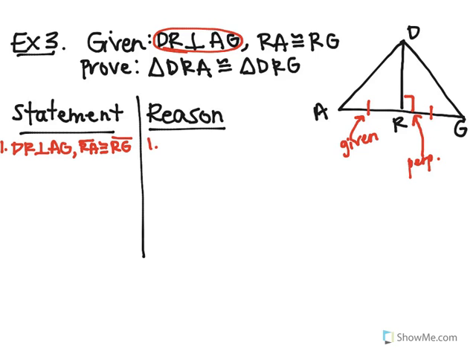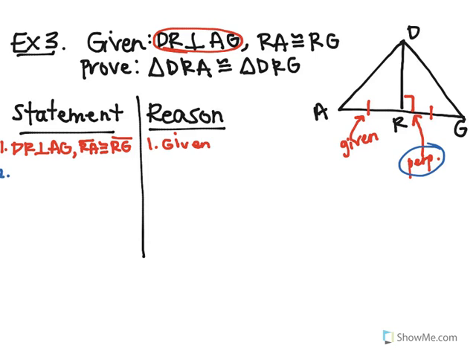The reason for that was given. As I start to work this out, I want to build off of whatever was given to me. So I want to build off of this perpendicular line. What do I know because of the perpendicular lines? I now know that I have 2 right angles.